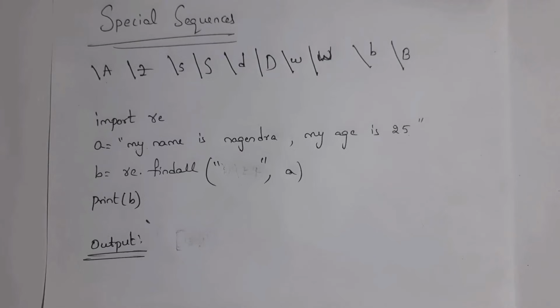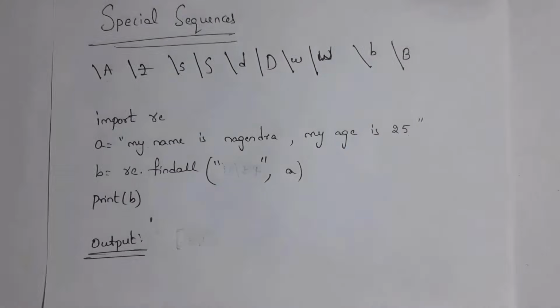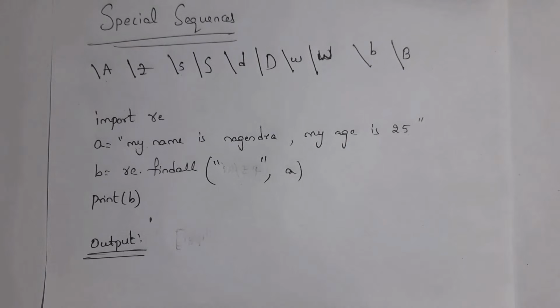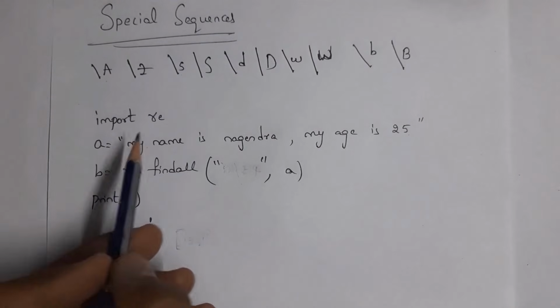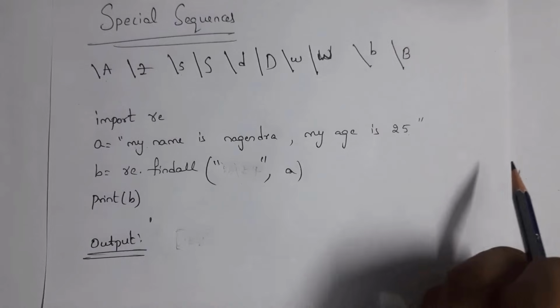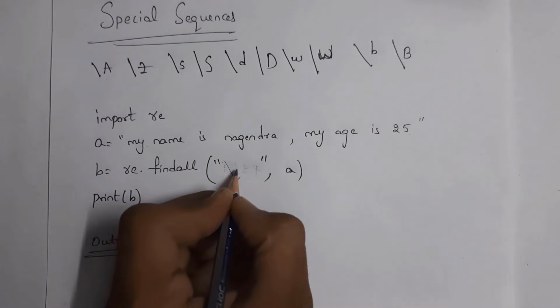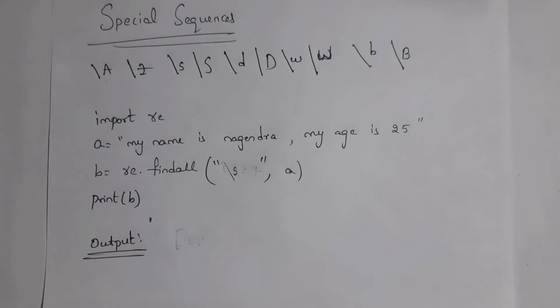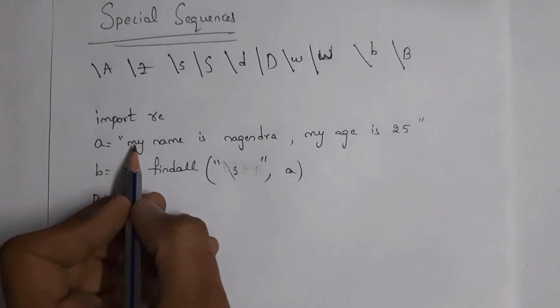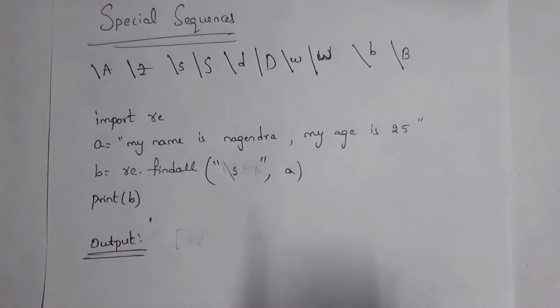Next I will explain what is the use of backslash small s, where small s stands for space. Backslash small s is used to identify how many spaces are present in a given sentence. For example, this is my sentence: my name is Nagendra, comma, my age is 25. I am writing backslash small s here. Whenever I write backslash small s, it will display all the spaces present in the given sentence.